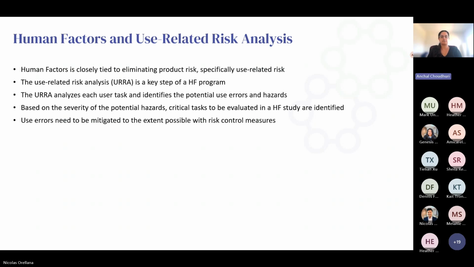There are certain cases where critical tasks could exist, but you may not need to do a human factors study, but you would likely still want to get buy-in that not conducting the study is acceptable.